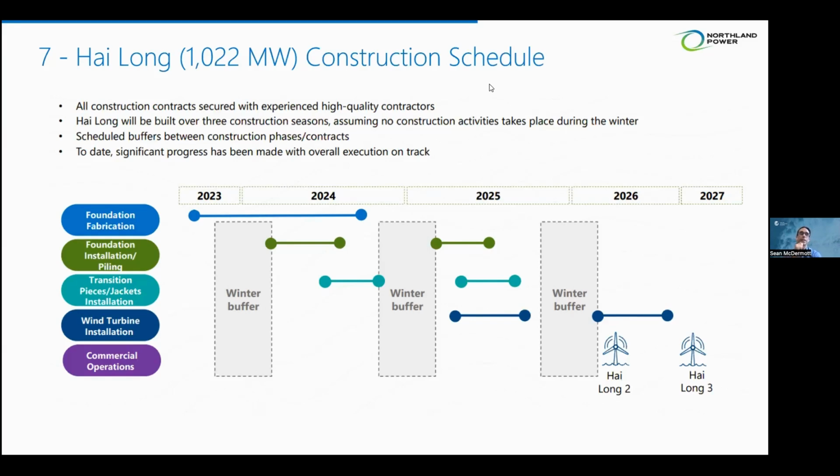Looking at this, foundations for fabrication and then installation, the transition pieces and the turbines. These are the main parts, or the most expensive parts, of the wind farm. But if I were to add a few more things here, it would also be the offshore substation, the inter-array cables and installation, the export cable, and the onshore substation.